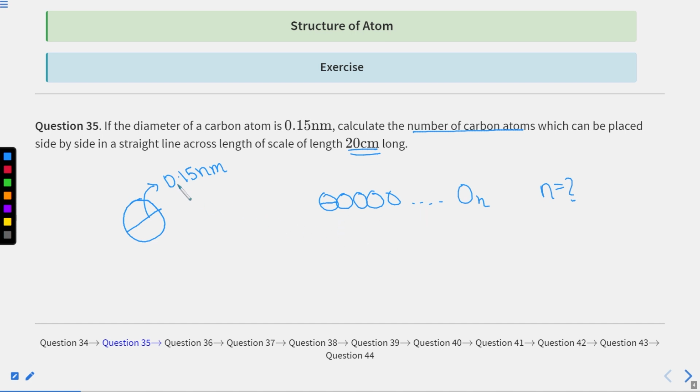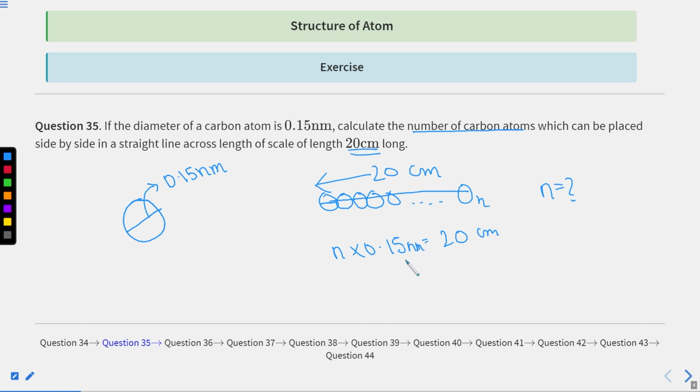So the total length that will be covered will be 0.15 into n, and this length should be equal to 20 centimeter. Clear?